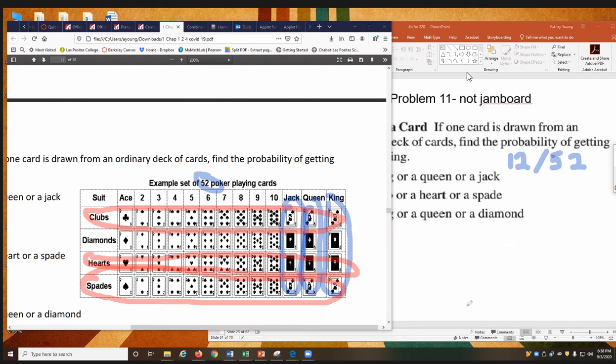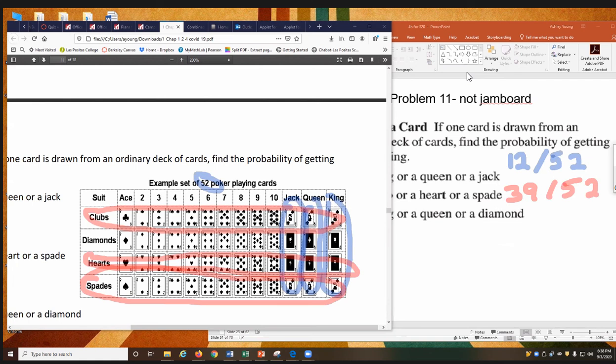Now it gets a little bit more complicated. Now we're saying a king or a queen or a diamond. So let's see. Here are my kings. Here are my queens. They don't overlap. That's all good. But then here are my diamonds. All of a sudden there's some overlap. The queens, there are 4 of them. Kings is 4 of them. Diamonds is 13 of them.